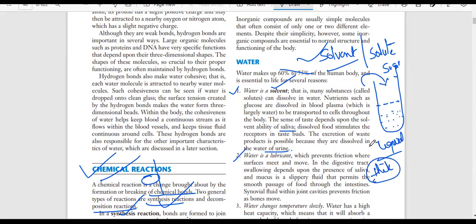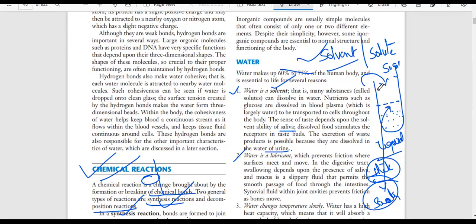So how is the taste of the sugar water? This is very sweet. So the taste of this liquid is sweet because the sugar is dissolved in this particular water.